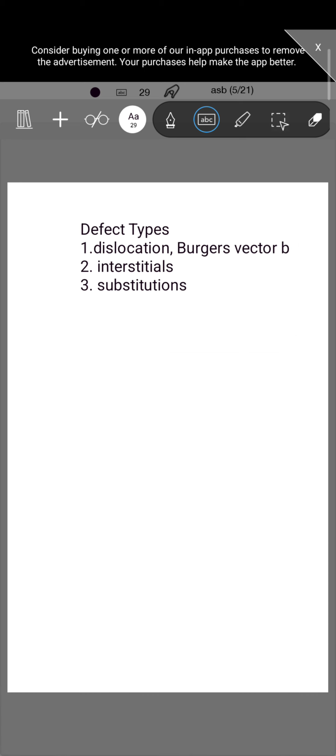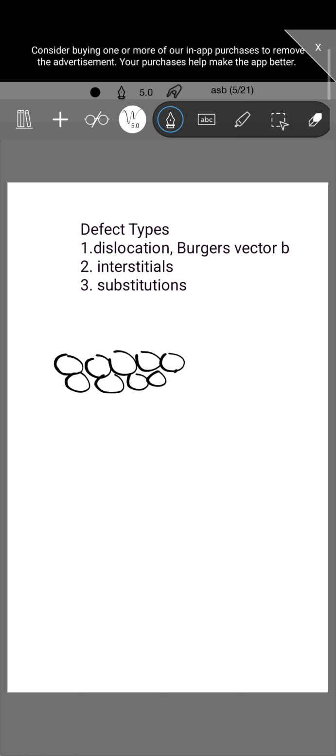The difference between the two: suppose you have a perfect set of atoms arranged in this fashion. Let's say these are all atom A. Suddenly, a small atom goes and sits in between these atoms.